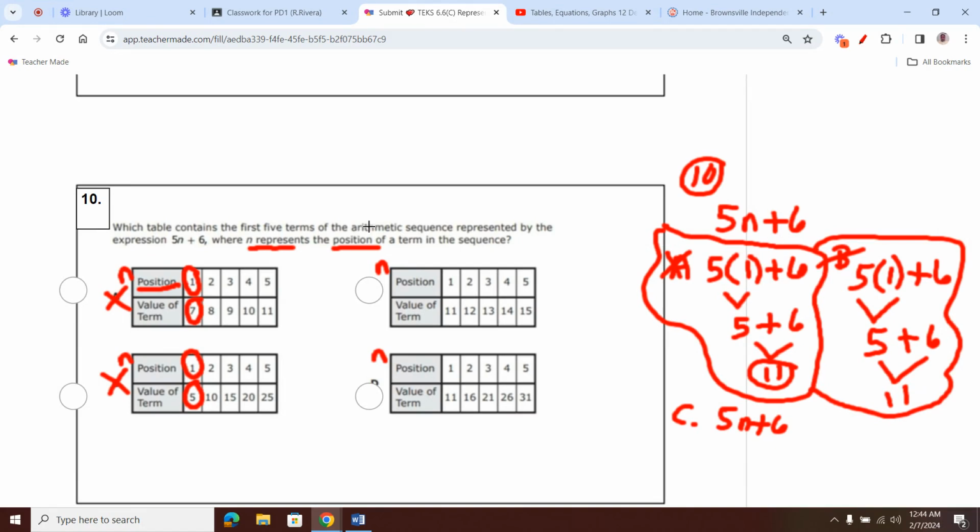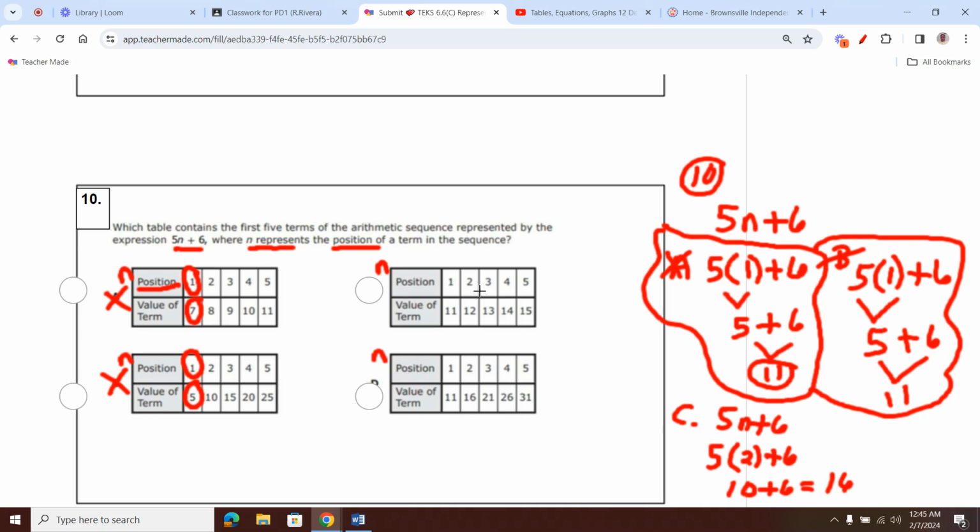That one right there, I got it from the story right here. 5 times n, n is the position. We decided that in the beginning. So don't choose 1, 11, we'll choose the second one. So now n becomes a 2. What's 5 times 2? 10 plus 6, 16.